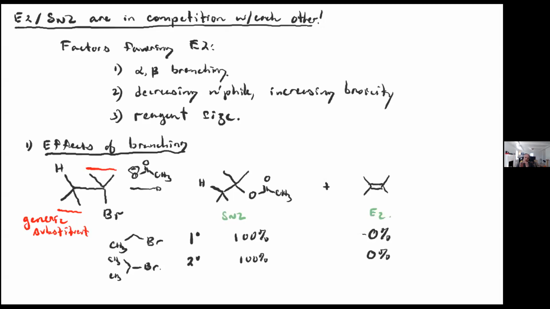If we consider the possibilities for a secondary substrate, this is the best case scenario. You just have two methyl groups attached to the carbon that bears the leaving group. You can't get any smaller than that for a secondary substrate, and so you can still substitute. But when you start to branch, things get very different.